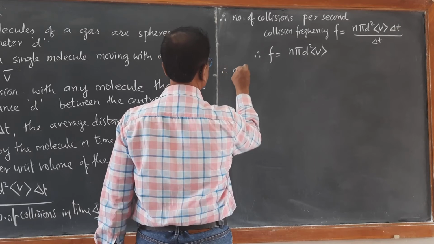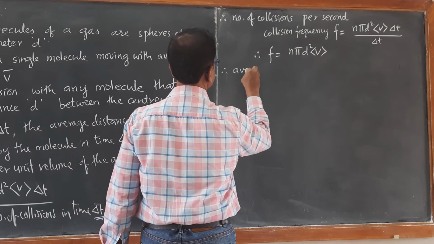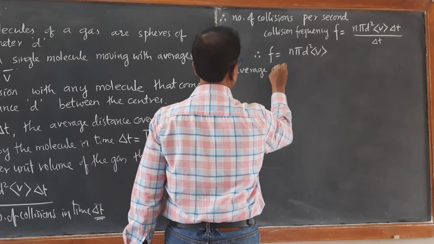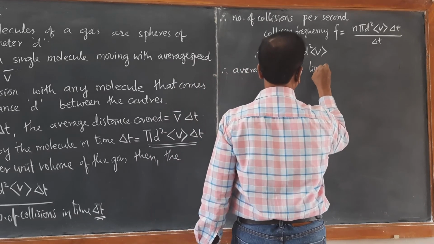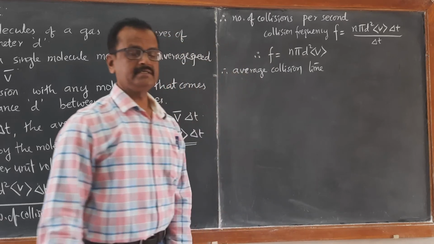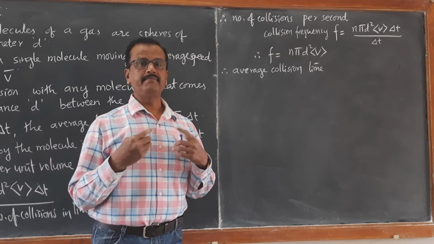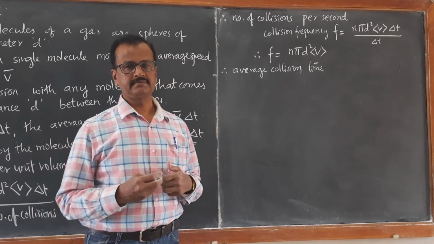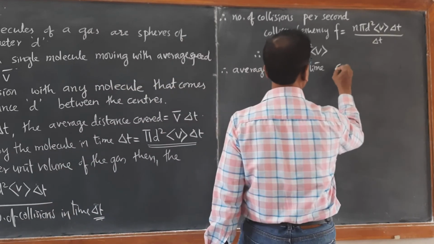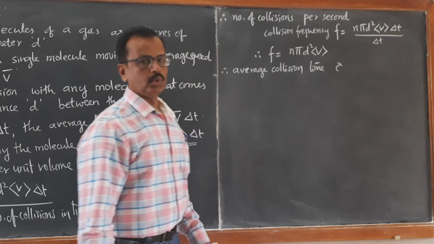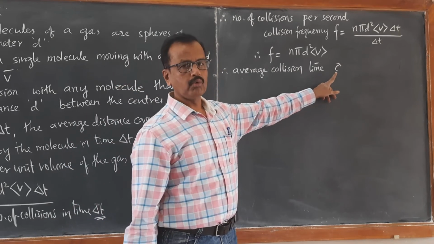Average collision time is the average time taken between two successive collisions. It is denoted by the notation tau.